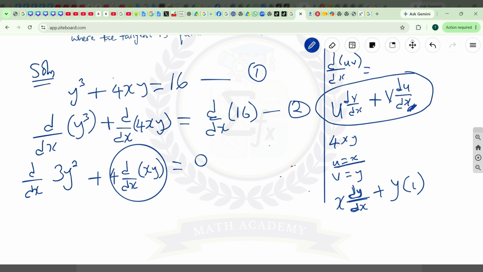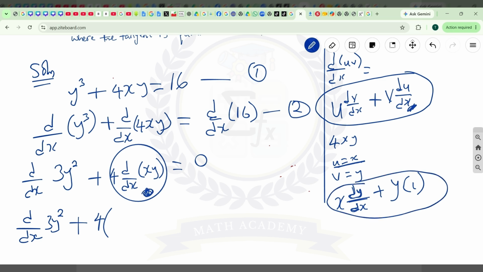So what I have here is 3y squared dy/dx plus 4 times what I've differentiated here. I'm going to substitute that: x dy/dx plus y, and that is equal to 0.